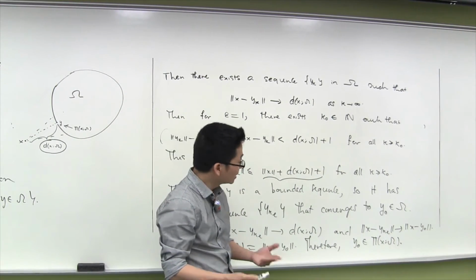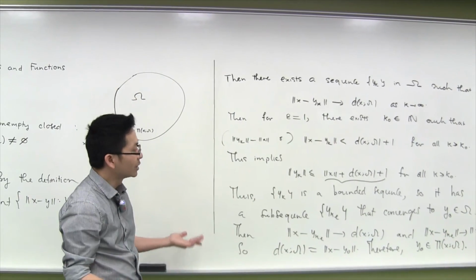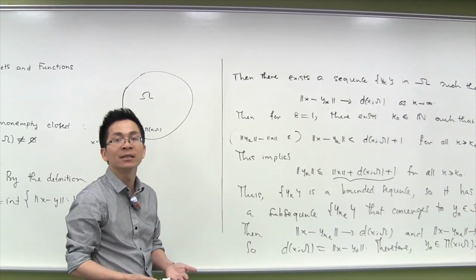In the case where omega is non-convex, the Euclidean projection is non-empty, but it's not necessarily a singleton.